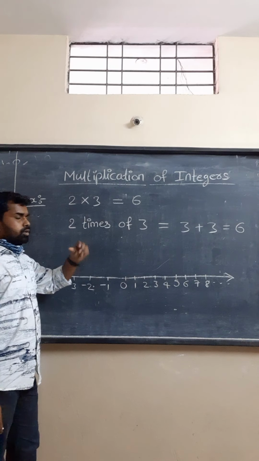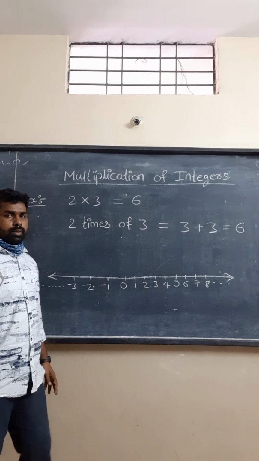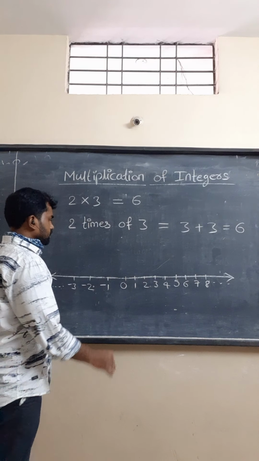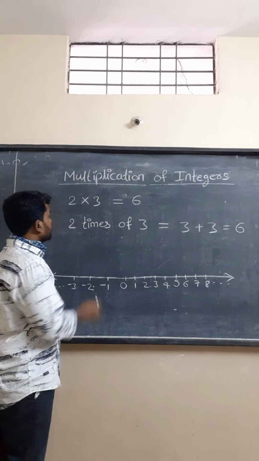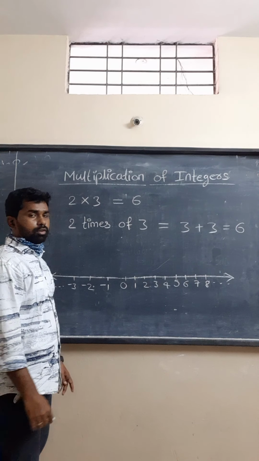Now, how to represent this multiplication on the number line? When you are representing the multiplication on the number line, first you have to start from 0. You start drawing the curve from 0. Remember one thing: the first number is the number of jumps.